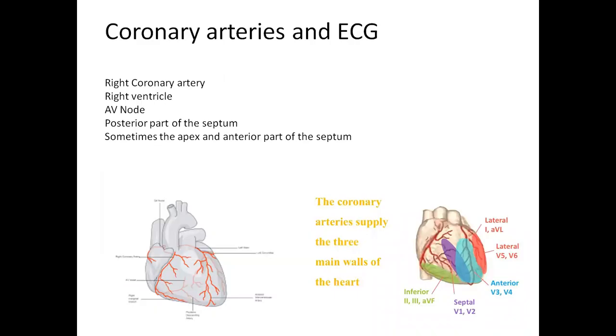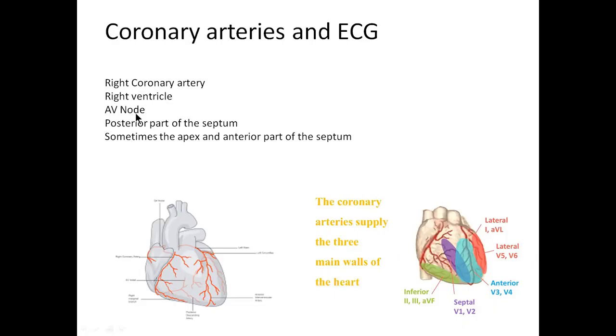The next part is, let's look at the right coronary artery. Now, the right coronary artery is a little bit more complex because it supplies all kinds of areas. So what are they? As it comes through the atrioventricular groove, it is going to supply the right ventricle.